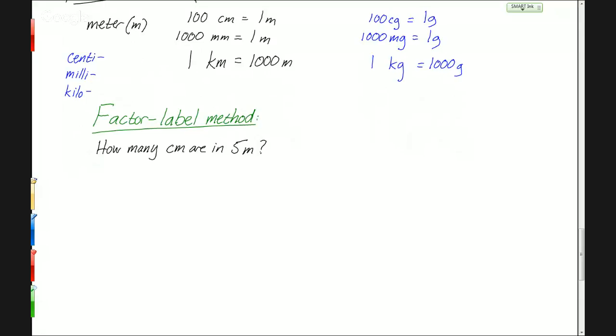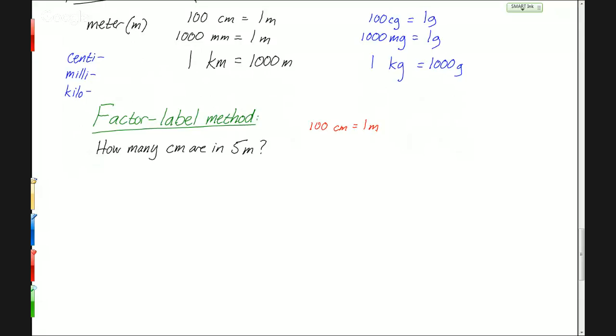But if you didn't, you could think about it this way. To do this, we need to know a relationship between centimeters and meters. How many of one is in the other? And there's a couple ways to write that relationship. One way is the way that we already wrote it up here. 100 centimeters equals 1 meter.